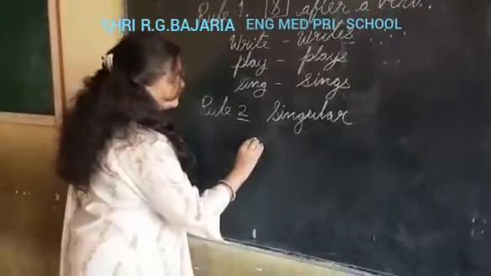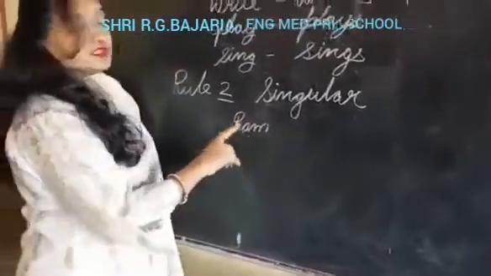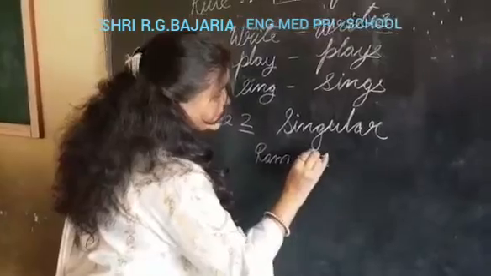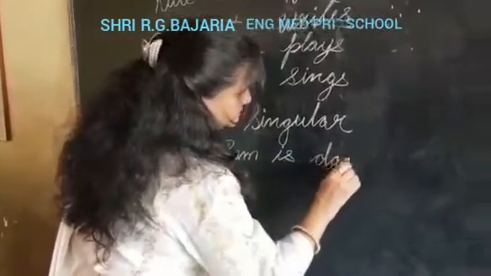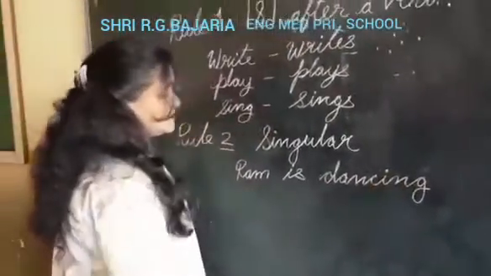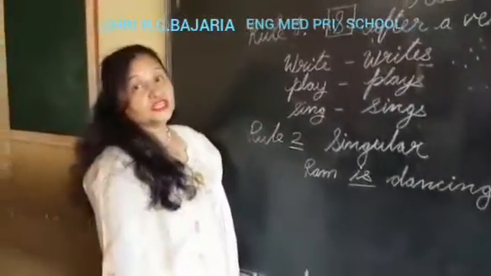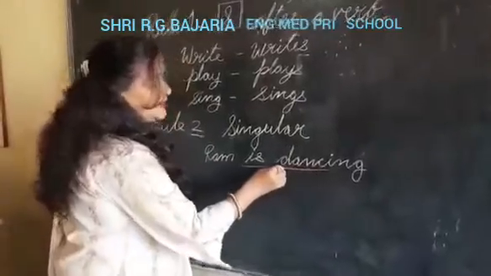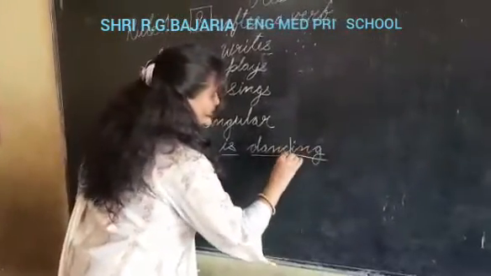So, when I say Ram, he is only one boy. So, Ram is dancing. I use the word is before the verb and add ing.